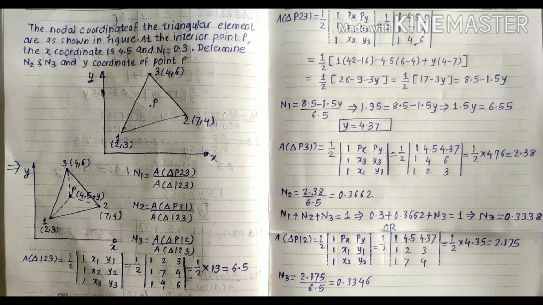So is equal to 1 by 2 into mod of 1 4.5 4.37, 1 2 3, 1 7 4, is equal to 1 by 2 into 4.35, so is equal to 2.175. So n3 I will write down as area of triangle P12 divided by area of triangle 1, 2, 3, so is equal to 2.175 divided by 6.5, so is equal to 0.3346.